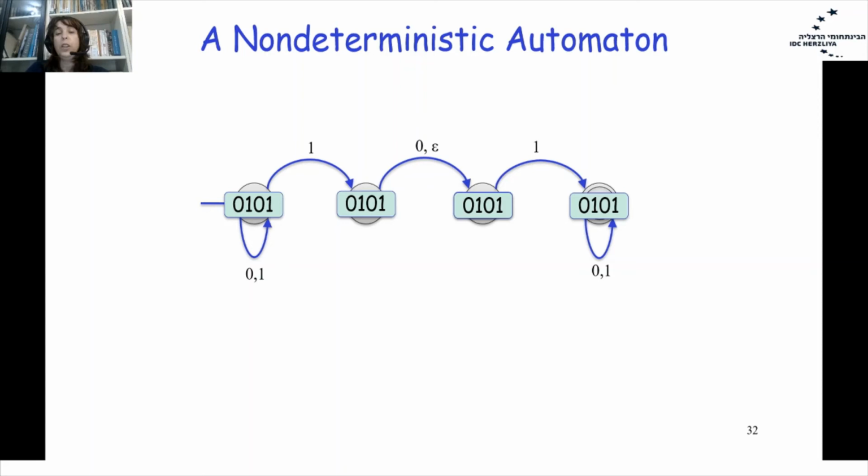Since one of the possibilities is an accepting possibility, we decide that the word belongs to the language of the automaton. So basically, we need only one path ending with an accepting state. All the rest of the paths can be not defined like we had, or can finish with a rejecting state.